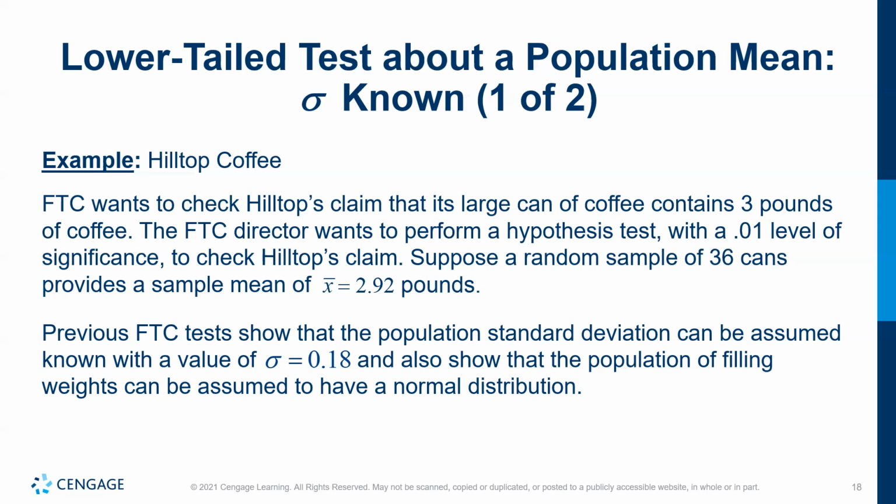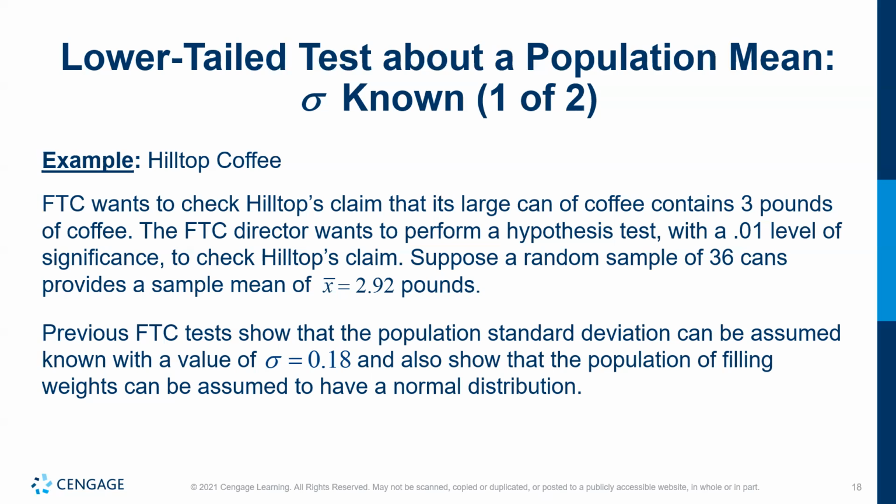So your first impression is like, wait a minute, we took 36 cans of their coffee and measured them, and it is less than 3 pounds. So these guys may be cheating the system by 8/100ths of a pound. Previous FTC tests show that the population standard deviation can be assumed known with a value of 0.18, and also show the population of filling weights can be assumed to have a normal distribution.